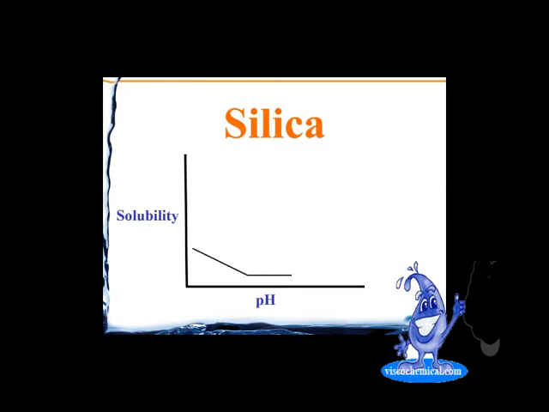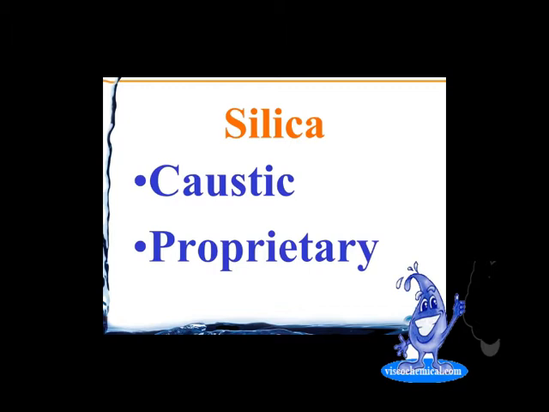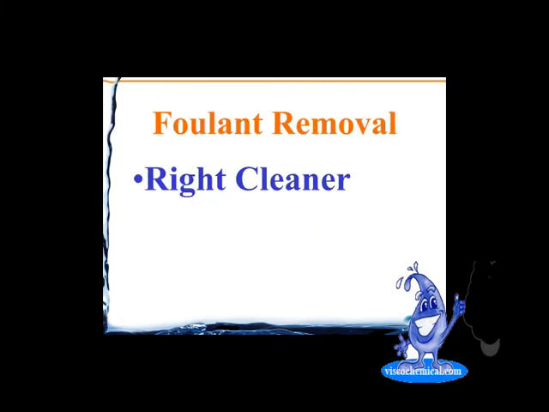Silica gets a little more soluble at a lower pH, but a lot more soluble at a high pH. So again, this is the one time that we're going to be using a high pH cleaner like caustic to remove silica.